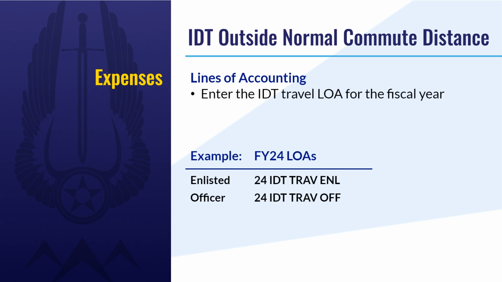On the accounting page, IRs should enter the IDT travel line of accounting for that fiscal year. Using fiscal year 2024 lines of accounting as examples, enlisted members should enter 24 IDT TRAV ENL. Officers should enter 24 IDT TRAV OFF.